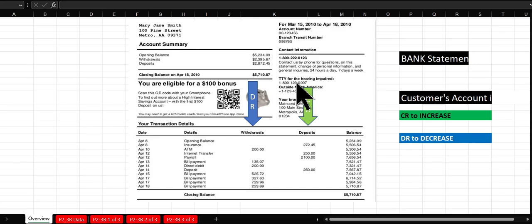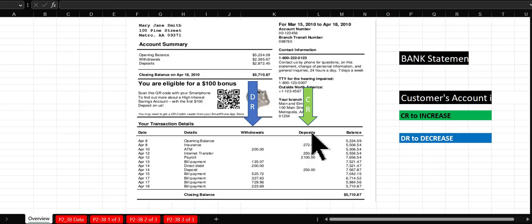I'd like to end chapter 2 with a practical application of debits and credits. This is a hypothetical or fictitious bank statement, but this is a report that would have been prepared by a bank, and they use columns, one column for deposits and one column for withdrawal.